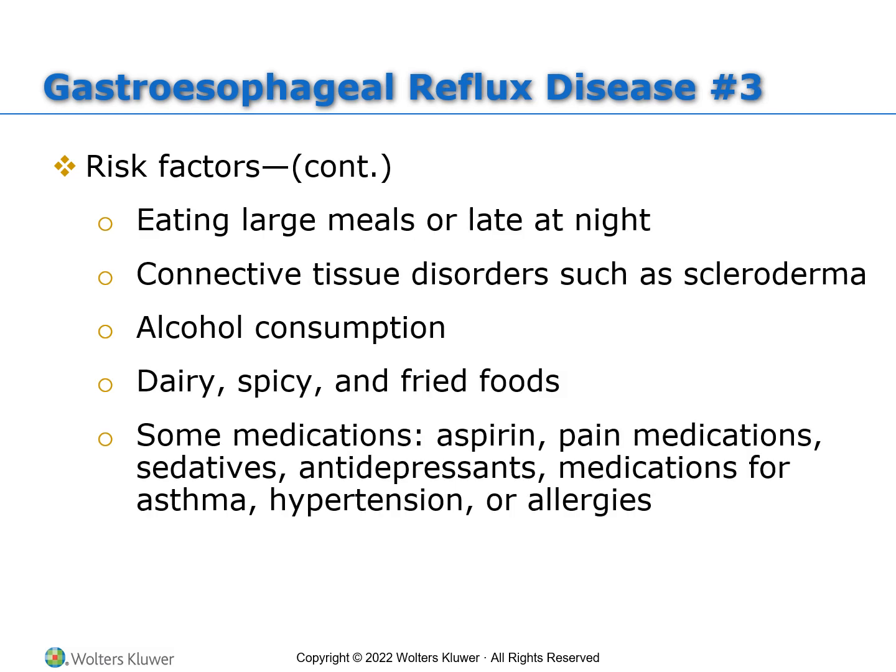Other factors that can contribute to the development of it are eating large meals or eating late at night, having some sort of connective tissue disorder such as scleroderma, too much alcohol consumption, eating dairy, spicy, and fried foods, some medications like aspirin, pain medications, sedatives, antidepressants, medications for asthma, hypertension, or allergies.